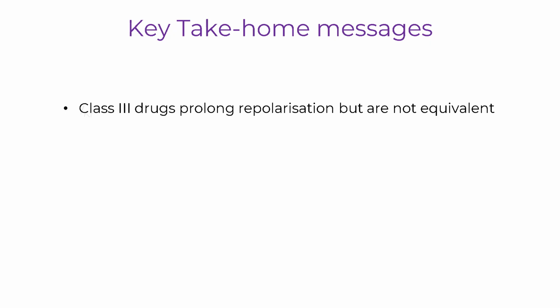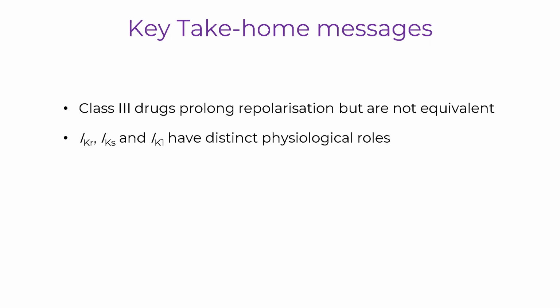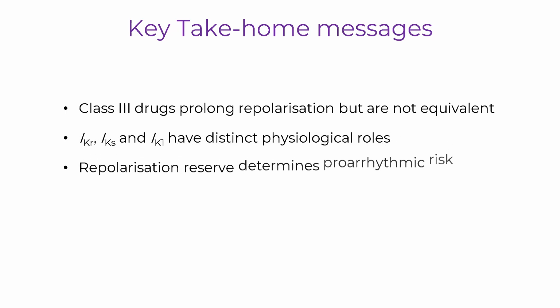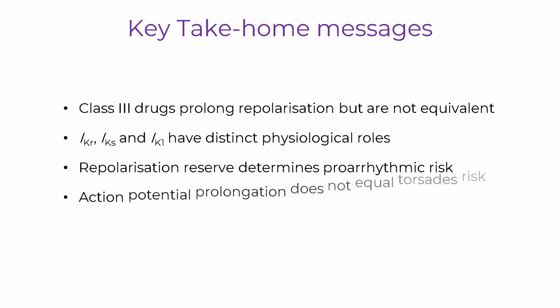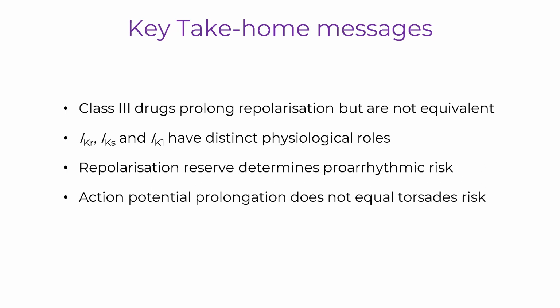The potassium currents IKr, IKs and IK1 each play distinct physiological roles. It's the balance between these currents and the resulting repolarization reserve that determines both antiarrhythmic efficacy and proarrhythmic risk. Action potential prolongation alone does not predict proarrhythmia. Context matters.